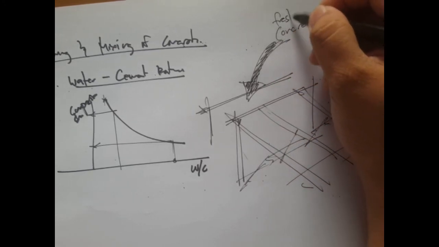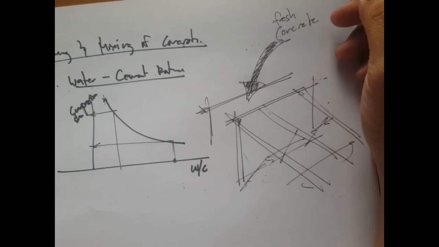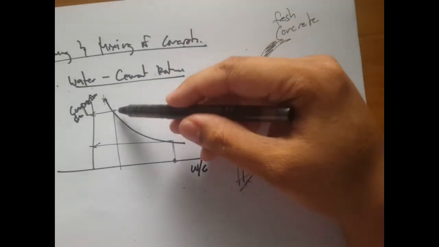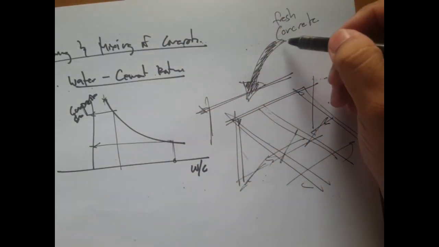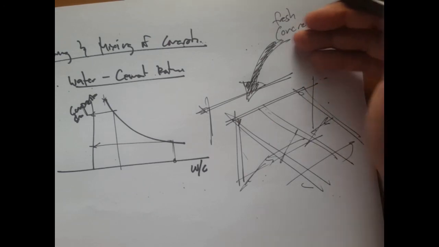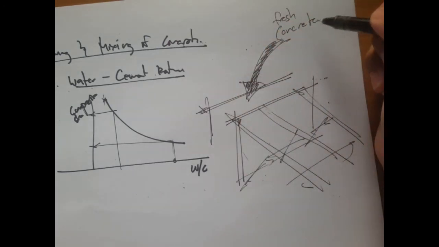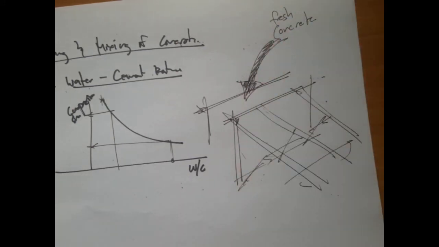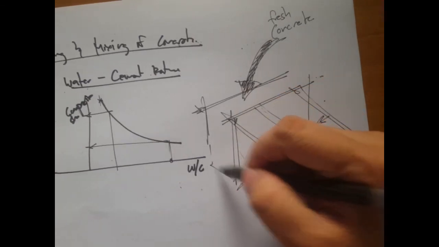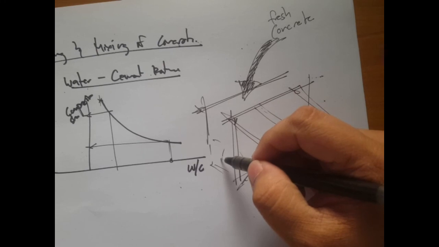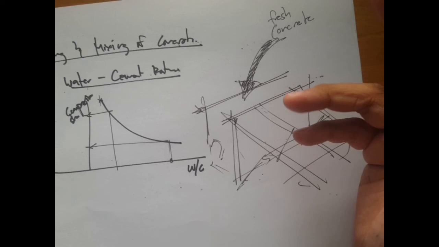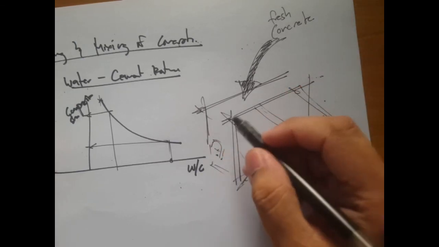If there's not much water, then probably you wouldn't be able to pour the fresh concrete into the forms. That affects the concrete sections, for example. There might be some parts that are voids because the concrete wasn't able to flow well. So that's the problem with less water.